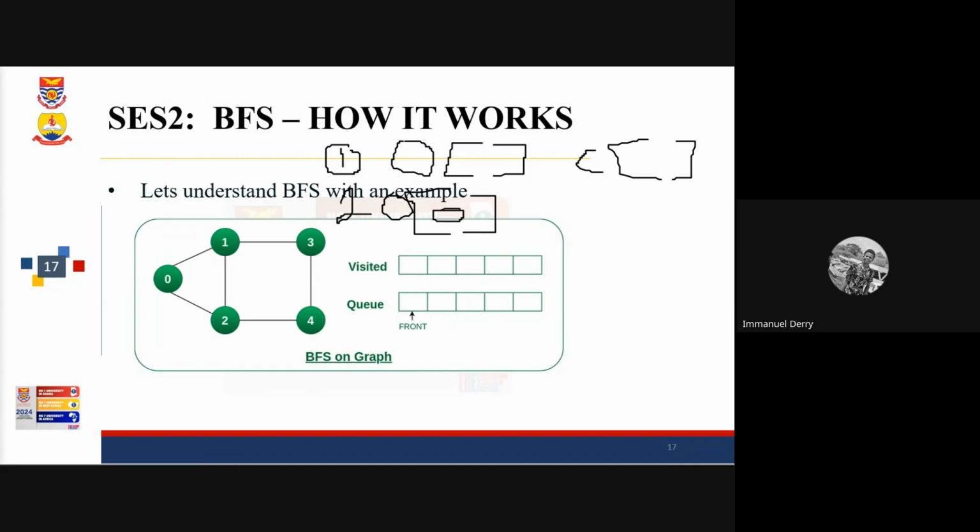So when we open the vertex 0, which other vertices do we see, or can we visit? Anybody? One and two. All right, so it means that in the closed list, we have 1 and then 2 here.